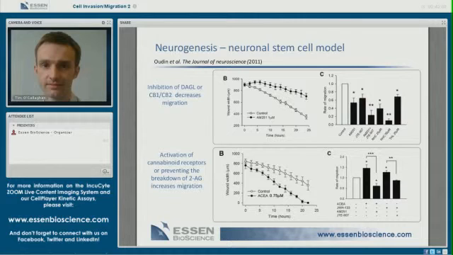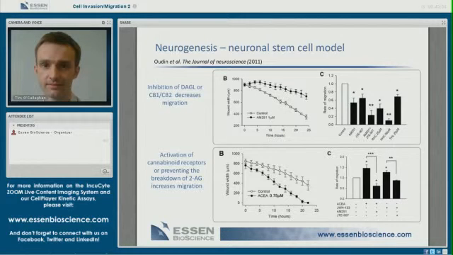Further, they showed that inhibition of diacylglycerol lipase, the enzyme that creates the primary cannabinoid molecule in the brain, also phenocopies this inhibitory effect in a concentration-dependent manner. Here they use an RHC antagonist to DAGL.